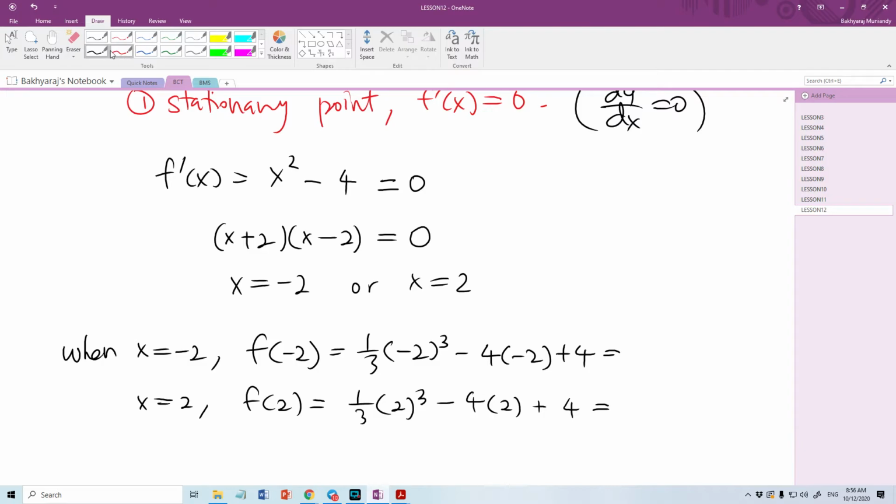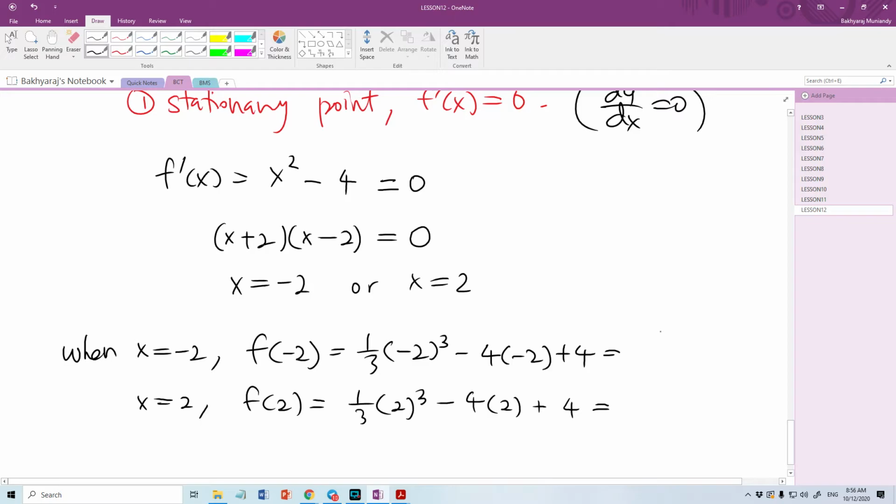Okay, can anyone give me this answer? 1/3 times -2 power of 3, minus 4x plus 4.